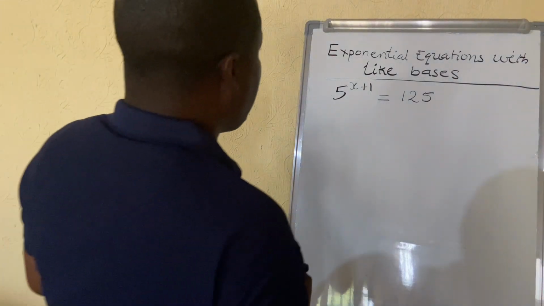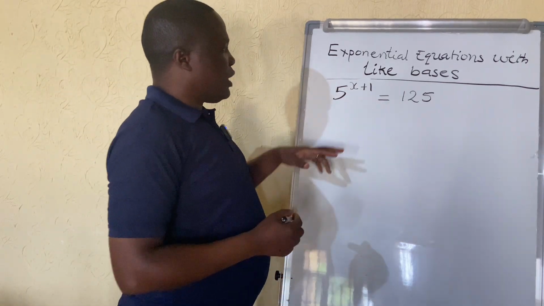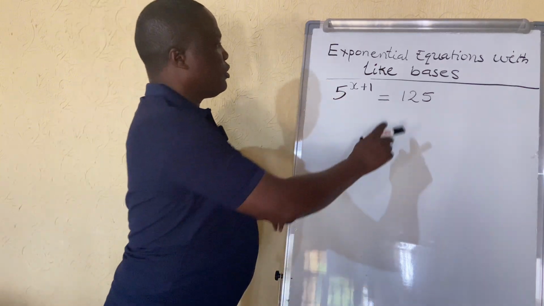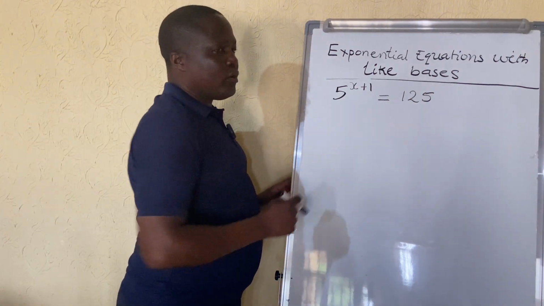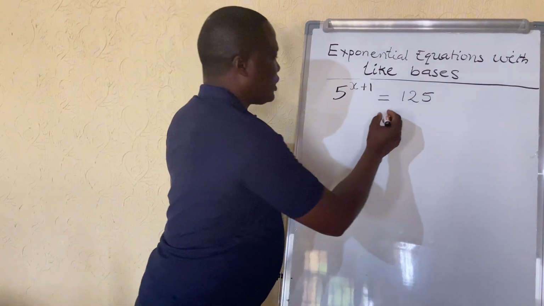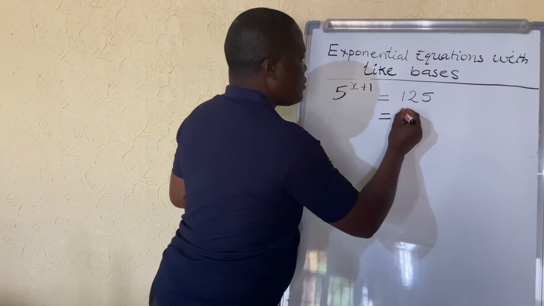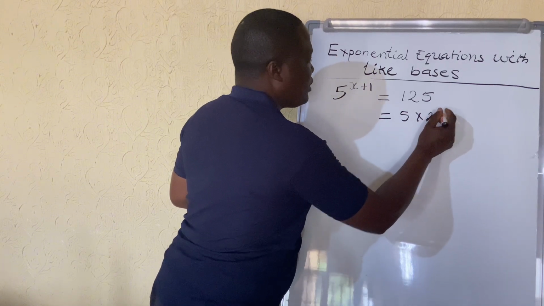The next problem we have here, 5 raised to the power x plus 1 is equal to 125. Again, we immediately notice that 125 is a power of 5, which we can write as equal to 5 times 25.